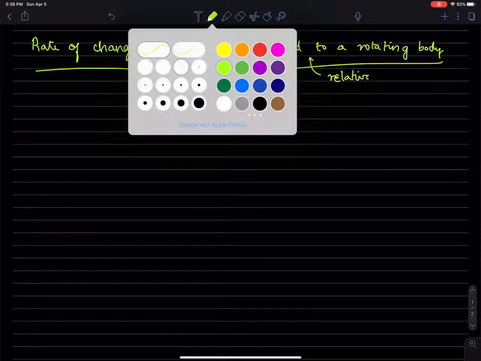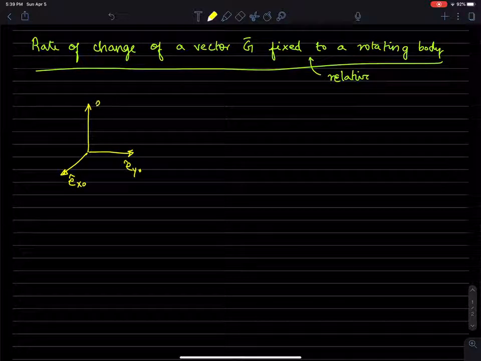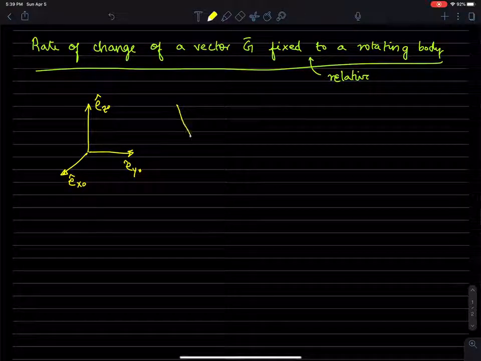Okay, so let's say we have some frame, and we have some other frame.